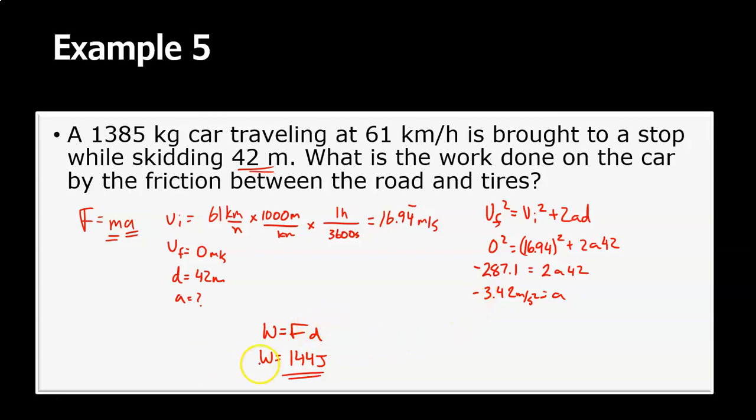Oh shoot, you know what I forgot to do? To find force, it's mass times acceleration. So when we do the force times distance in ma, work is equal to mass times acceleration times displacement. So we need to actually take the 1,385 multiplied by the 3.42 multiplied by the displacement of 42.